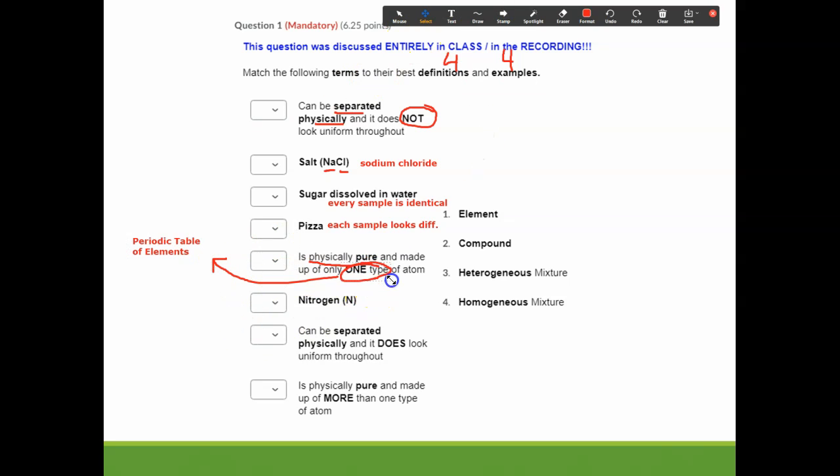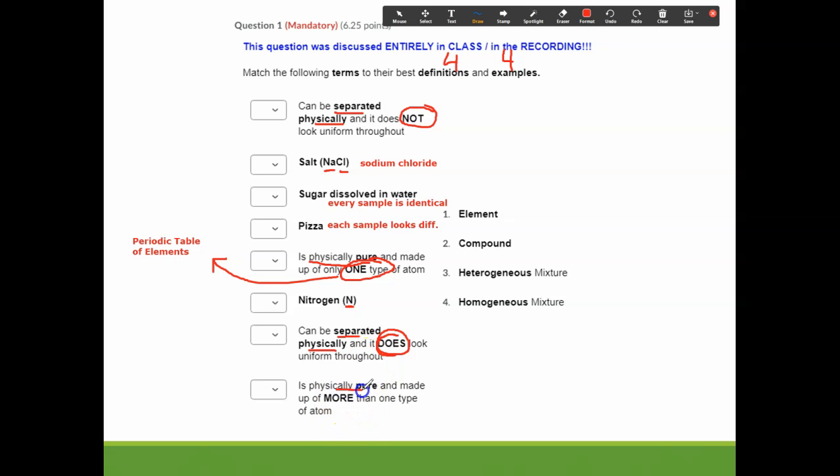So made up of one type of atom, you need to figure out what that is: element, compound, or a type of mixture. Nitrogen, you can see here, is abbreviated as a capital N. Can be physically separated, again, so we can see the separation happening, and this time it does look uniform throughout. So that'll be important for differentiating.